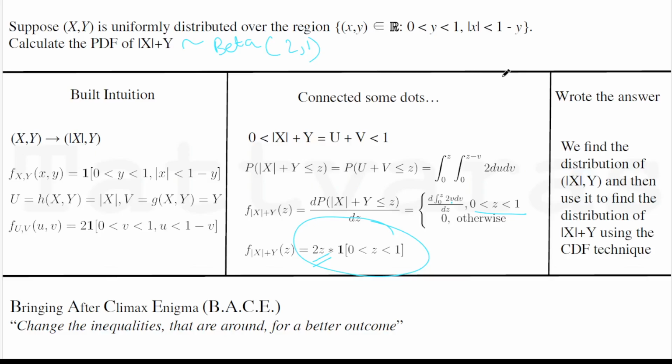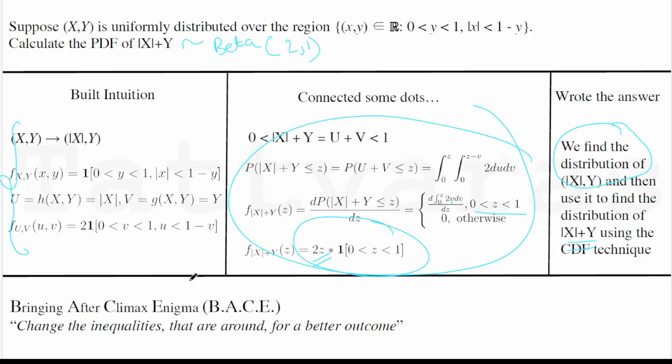And how we write the answer is something like this. We find the distribution of mod x and y, wherein we mention all this math that was done over here. And then we use that joint distribution to find the distribution of mod x plus y using the CDF technique. And the relevant math was over here.